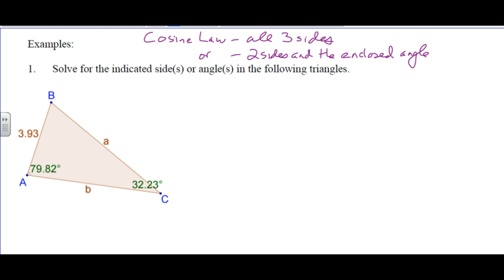So you need side, side, side, or side, angle, side, right? So if you're looking at the triangle congruencies, this one is side, side, side, and this one is side, angle, side. I've got a side, then I've got the angle in between, and then I've got another side. Those are triangle congruencies, right? They mean that there's only one triangle you can draw.